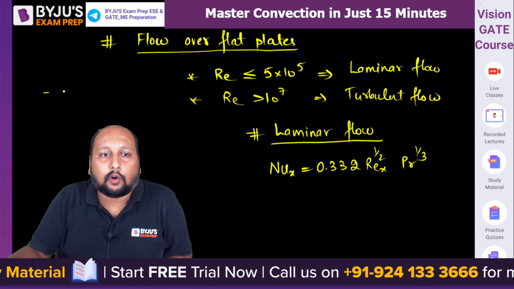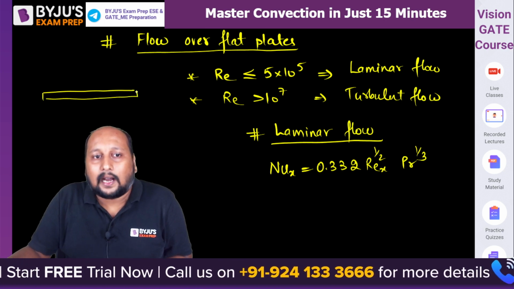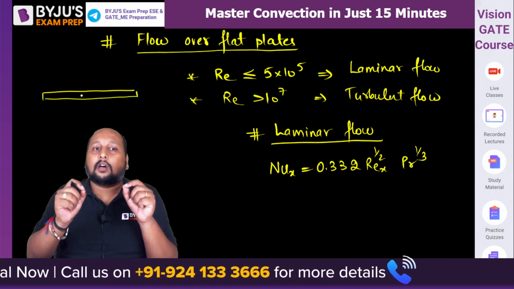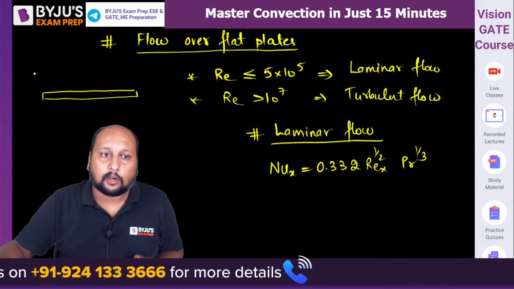For flow over flat plates, we are actually calculating the heat loss from the entire plate to the surrounding, because of the boundary layer formation.